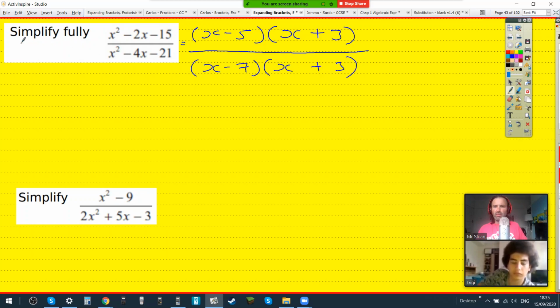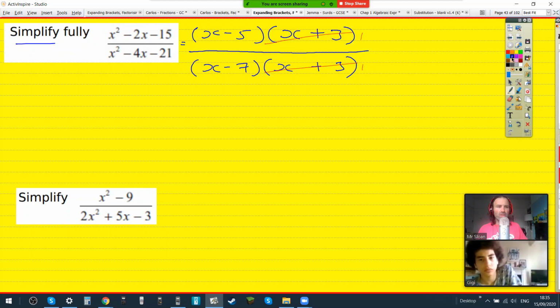Any idea how you simplify that? Well, there's 2 x plus 3s. Yep. I don't really know where they would go. What is x plus 3 divided by x plus 3? 1. And so that's the same as times 1 over times 1.